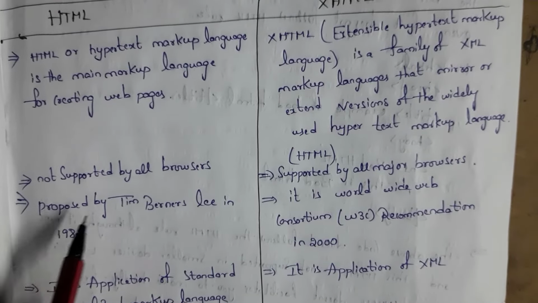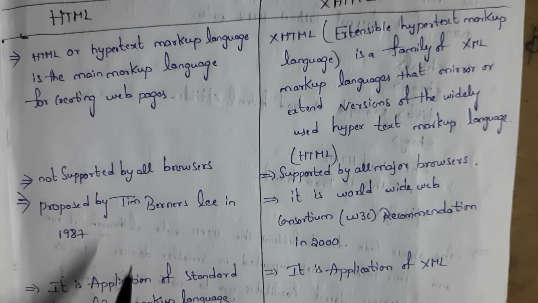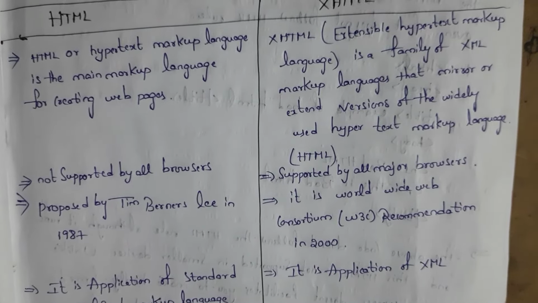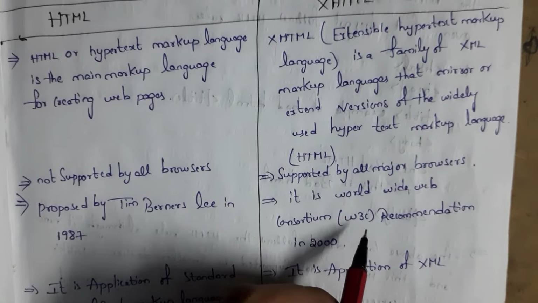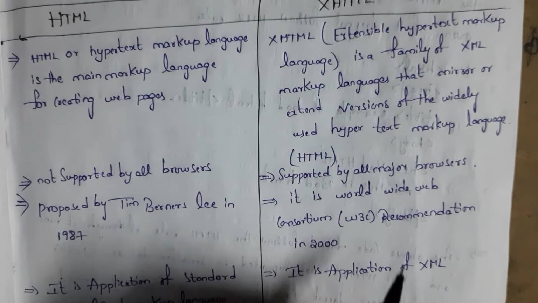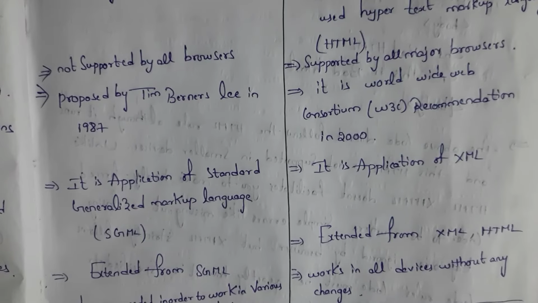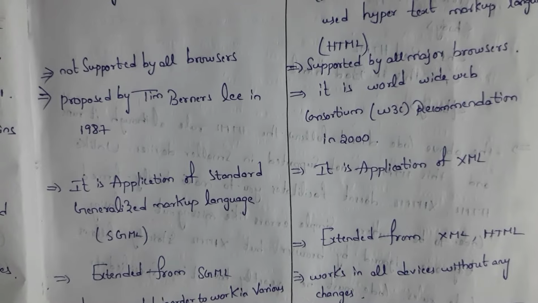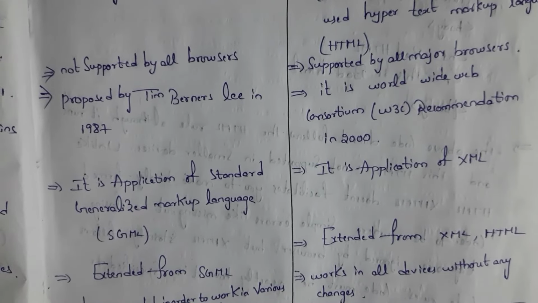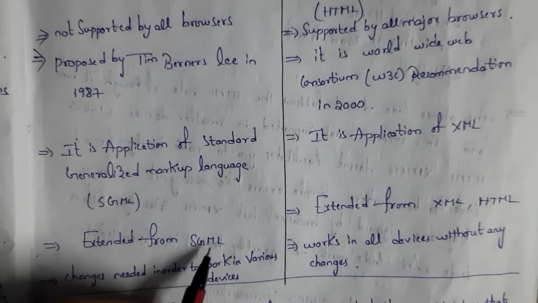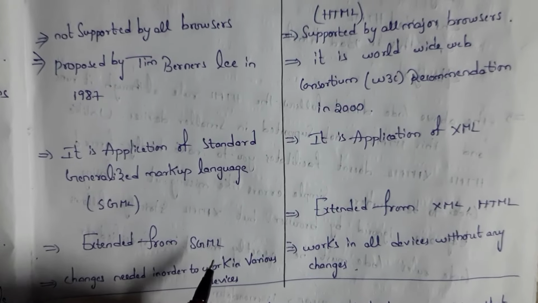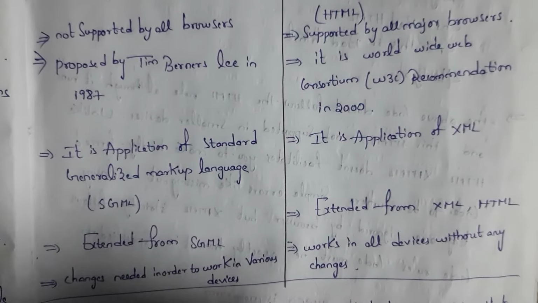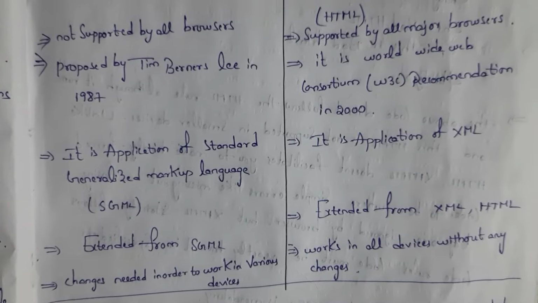And HTML was proposed by Tim Berners-Lee in the year 1987, whereas XHTML was proposed by W3C, that is World Wide Web Consortium, in the year 2000. HTML is application of Standard Generalized Markup Language, shortly it is known as SGML, whereas XHTML is application of XML. HTML is extended from SGML, whereas XHTML is extended from XML and HTML.